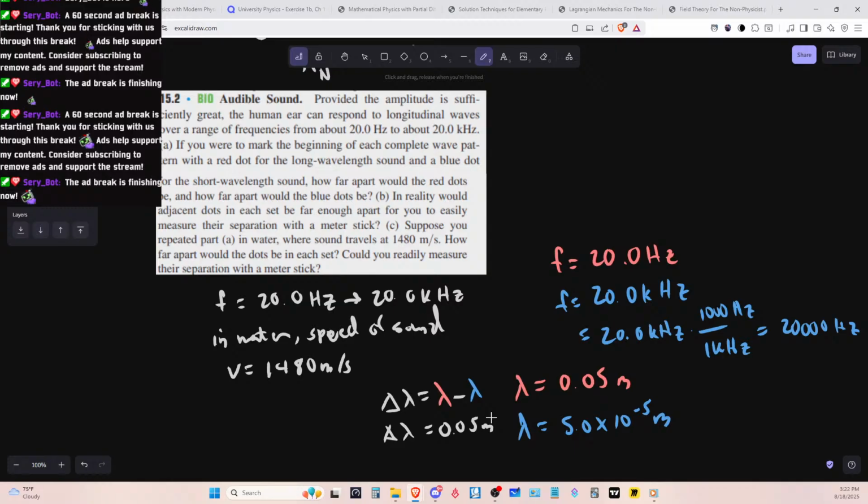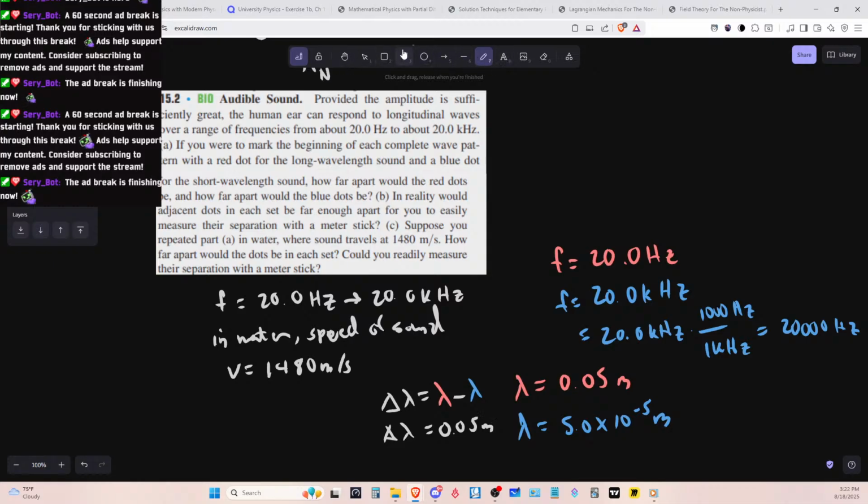So I guess you can measure it. In reality, would the adjacent dots in each set be far apart for you to easily measure? I think so, but not that much. Suppose the sound travels in water, okay. So now we actually have to do it in water.